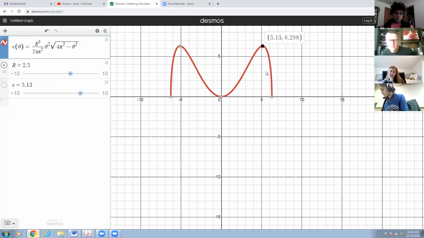You don't do calculus just for the fun of it. You do it when you need it, and you don't need it because you have technology. And so notice for my example, when the capital R radius is 2.5, I got that the angle that I need to cut here, theta, is 5.13, because that's kind of my X over here, right?